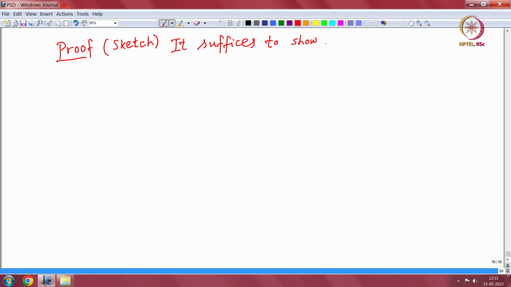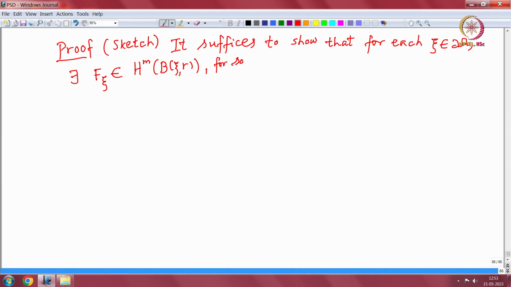It suffices to show that for each point xj on the boundary, there is a function fj in Hm of a small ball around that point, for some r positive, such that this is an extension of f in the ball.